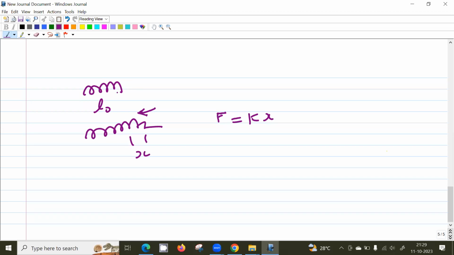Suppose L0 is 1 meter, and after extending it becomes 1.5 meter. In that case x is 0.5 meter, not 1.5, because x is the extension from the natural length. Similarly, if I compress it to 0.5 meter, it again produces a force, this time towards the right, to bring it back to the original position. The force is again k into x.